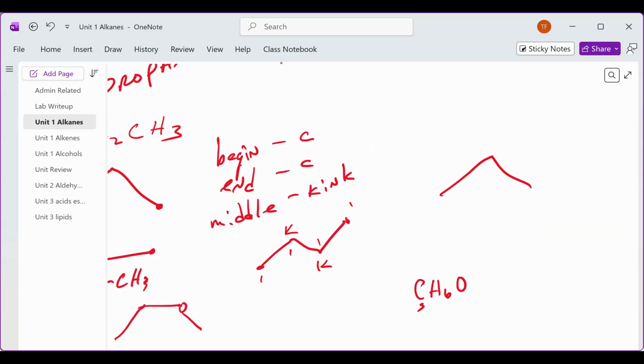No, let's make it C2H6. Okay, so this is C2, two carbons, beginning, end, and we have an oxygen on there.